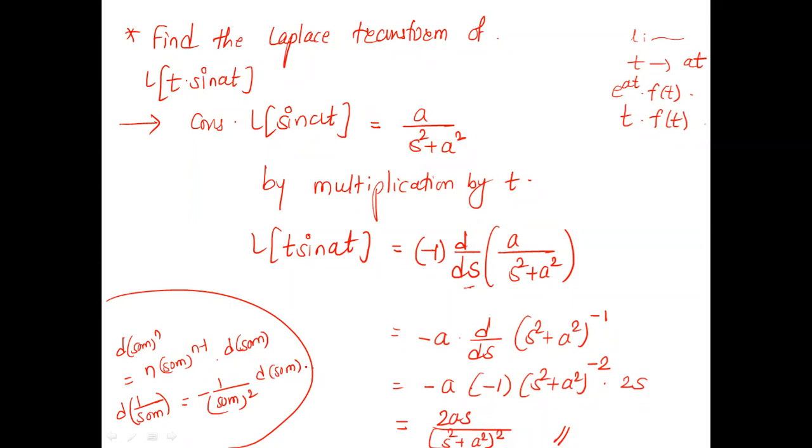This also we have. So you can use it there, 1 upon something, minus 1 upon something square. So minus 1 upon this square, minus minus plus, into derivative of that something, that is 2s. So there is this formula also, whichever you want.